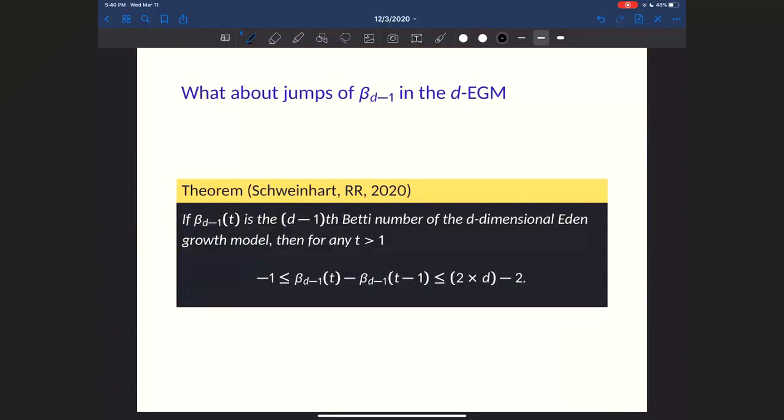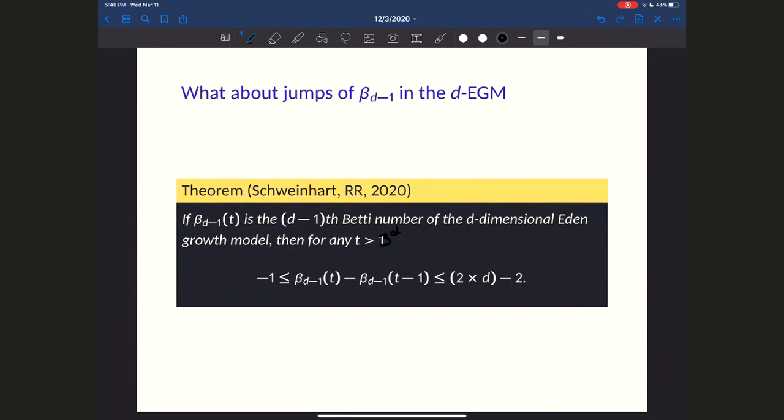So Betti d minus 1 of t is a d minus 1 dimensional Betti number, and then for any t bigger than, and again we need here 3 to the power of d, we have that Betti d minus 1 of t minus Betti d minus 1 of t minus 1 is bounded above by 2 times d minus 2 and bounded below by minus 1.